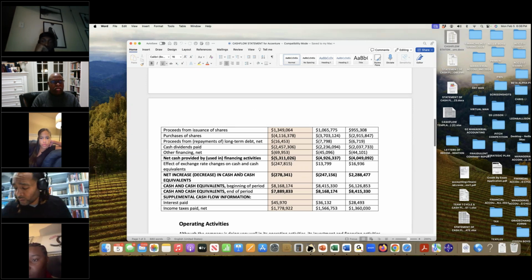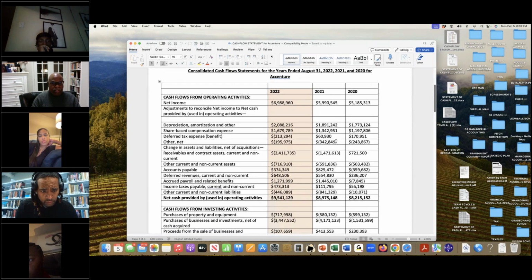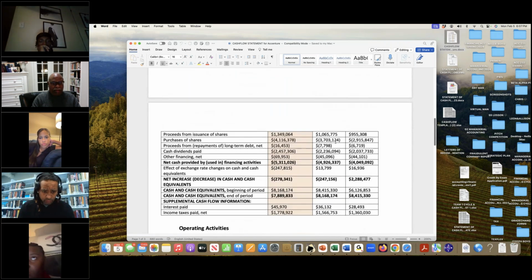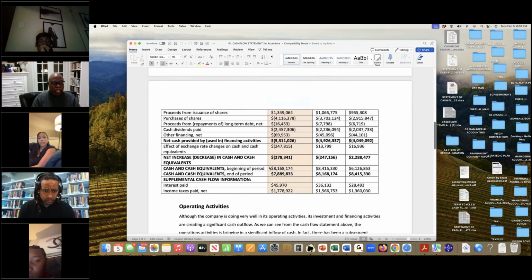And then we look at the net increase or decrease in cash flow. So we see that, okay, we're going from 20 to 22. And at the end of the day, for this company, as we look at the cash flows from 20 to 22, you see that the cash was positive the first year, but it went down the next 2 years.